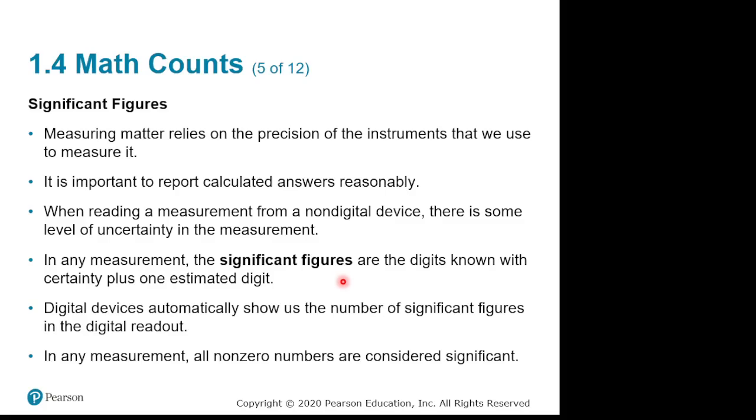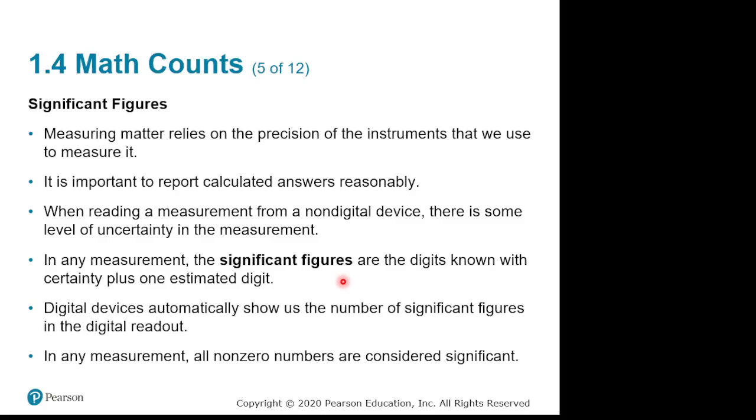Okay, so digital devices are quite nice. This is why for $20 I bought myself a nice laser one, because I'm tired of my tape measure coming out wrong all the time. And so digital devices, the manufacturer has gone ahead and done that significant digit error for you. Okay. And so the last digit on a digital device is typically going to be the last one where you have that uncertainty.